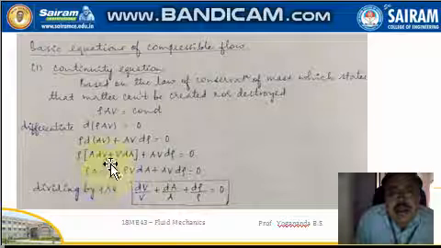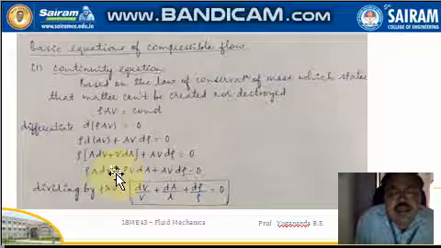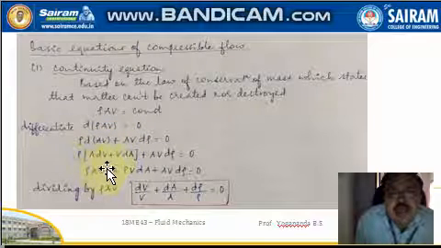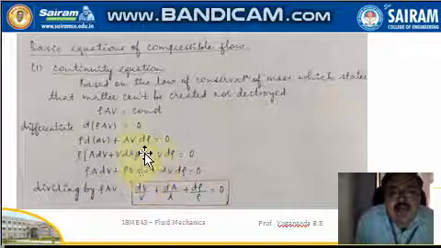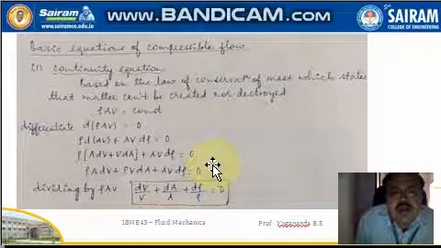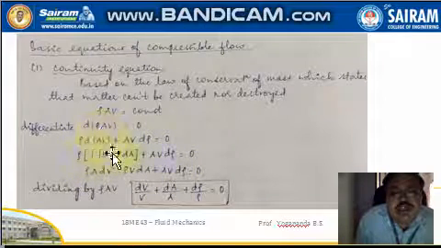Differentiating AV, we get A into dV plus V into dA, plus AV into d rho is equal to 0.